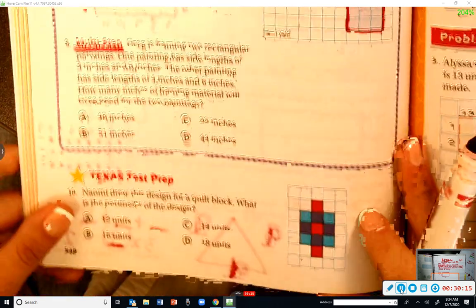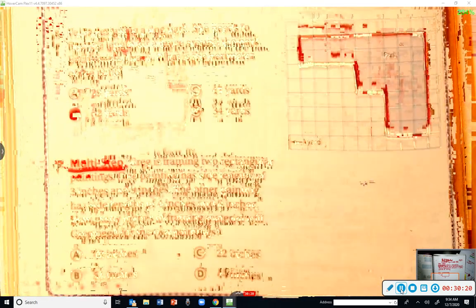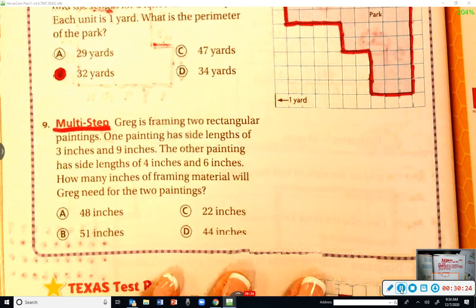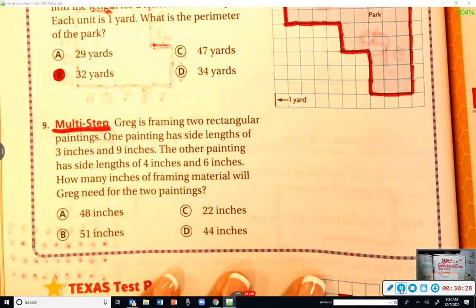Number 9, it was a multi-step problem. Greg is framing 2 rectangular paintings. One painting has side lengths of 3 inches and 9 inches. The other painting has side lengths of 4 inches and 6 inches. How many inches of framing material will Greg need for the 2 paintings?